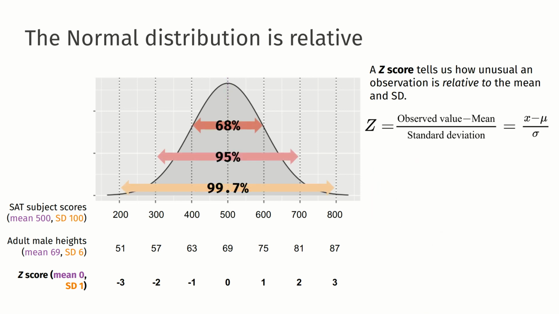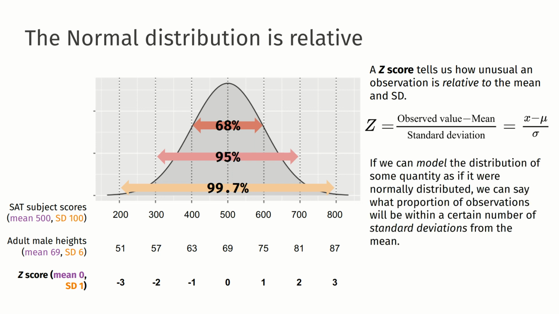Now, an interesting thing about the normal distribution is that because of its shape, if we imagine the height of this curve at any point as defining the relative frequency with which we would expect to see a particular value, then we can say what proportion of observations would be within a certain number of standard deviations from that mean.